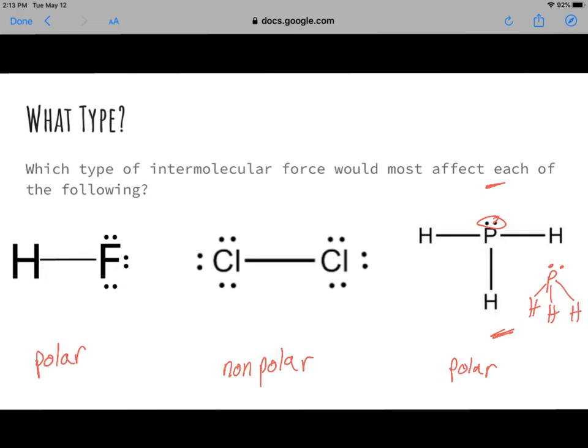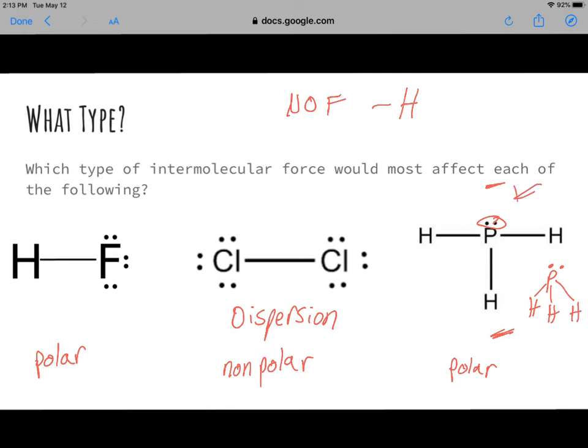Okay, so if it is nonpolar, the only force that could affect it is dispersion. So Cl2 is not going to have very strong intermolecular forces. If it is polar, then I need to look at whether it can form a hydrogen bond or not. Does it have N, O, or F attached to hydrogen?